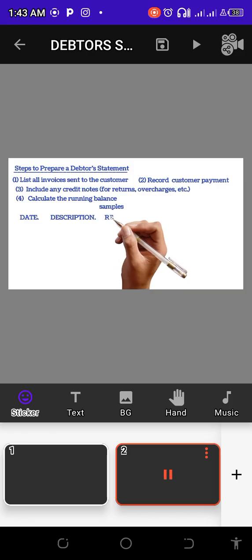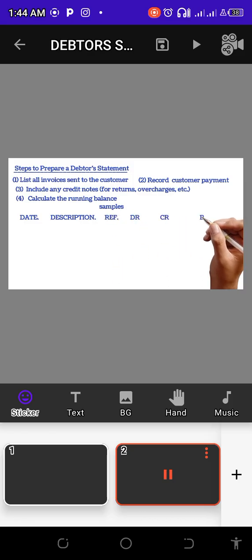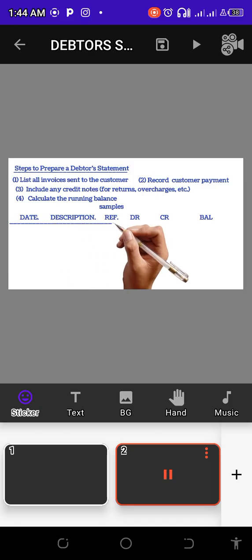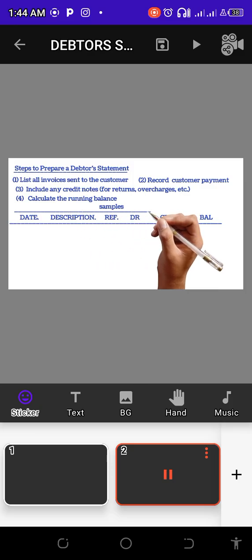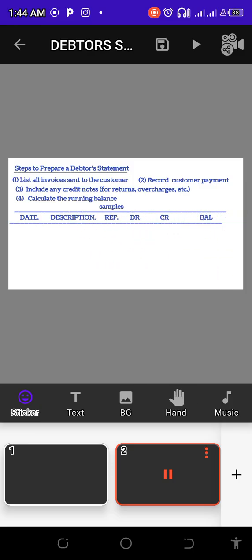Now let us take a look at the sample, or the components, of a debtor statement of account. You will have the date, the description or details, the reference number of the transaction, the debit side, the credit, and the balance. The date is crucial, for every transaction must have occurred on a particular date.